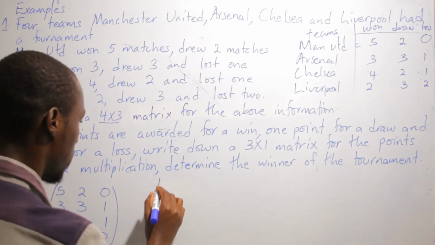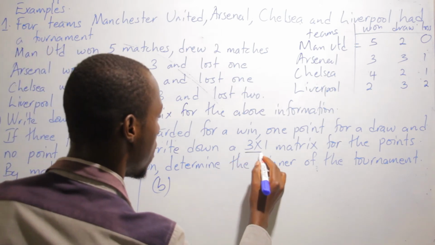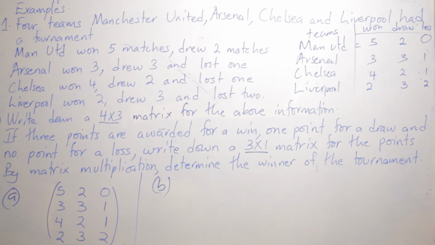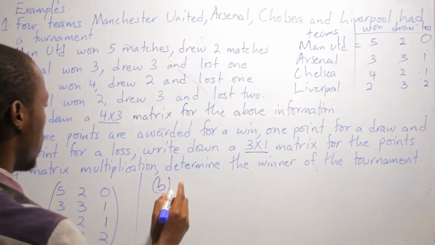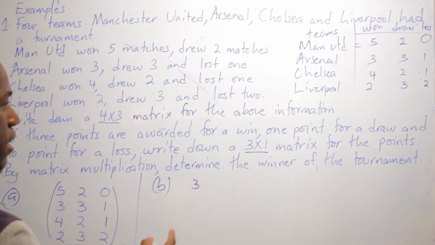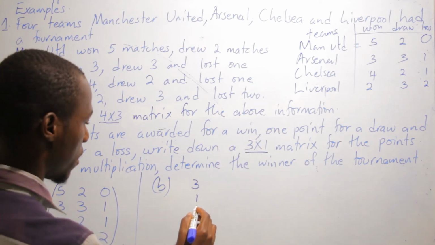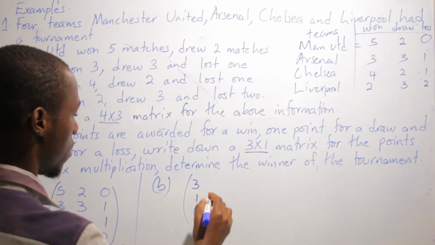Then when we go to part B, they are telling us to write a 3x1 matrix. 3 rows, 1 column. They have said they give 3 points, and then they give a point for the draw, and the loss they give you a 0.